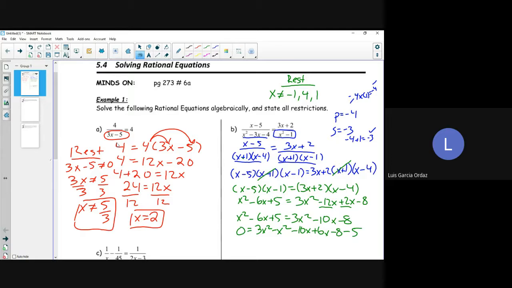When we simplify that expression, what are we left with? 2x squared minus 4x minus 3. Not minus 3, negative 8 minus 5. Oh, it's minus 5? Yeah. Minus 13.